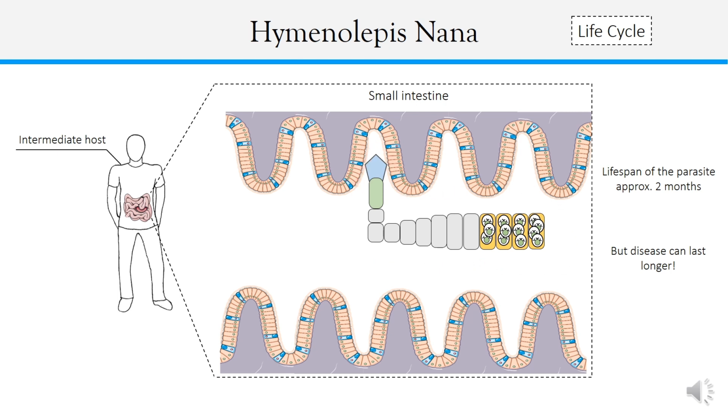So why can the disease last longer if this parasite will die in 2 months? The problem is that this parasite may release eggs, and these eggs may lead to the next round of infection inside of the intestine of the patient.